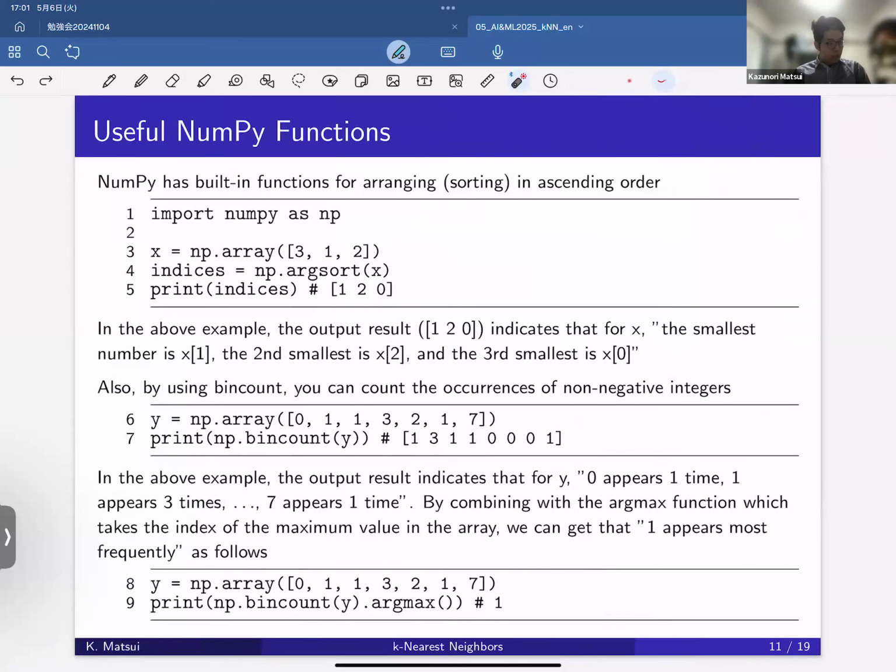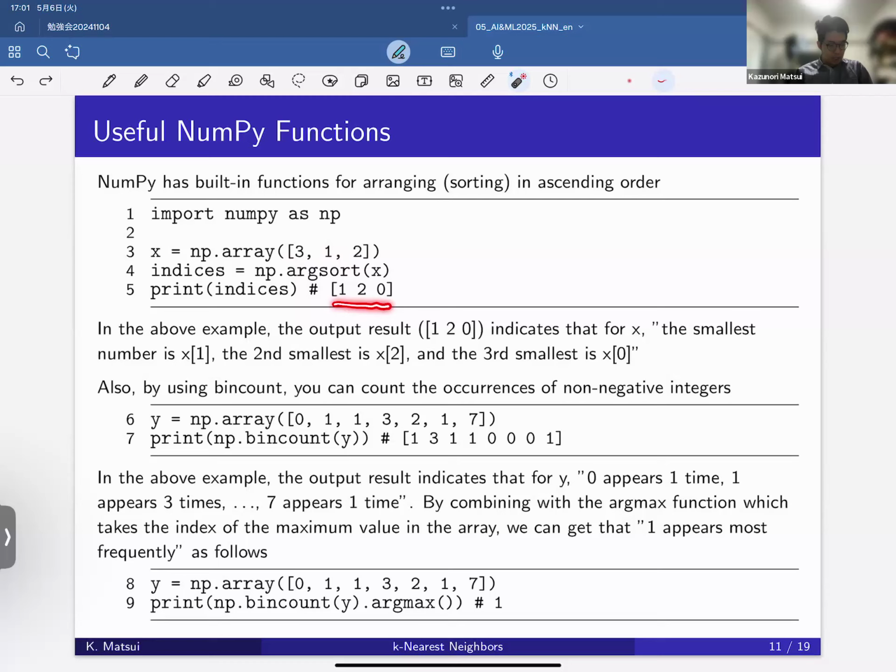For implementation, NumPy provides convenient functions that make it easy to sort data. The argsort function returns the indices that would sort an array in ascending order. For example, if we have a one-dimensional array x like 3, 1, 2, executing np.argsort(x) returns the array 1, 2, 0.